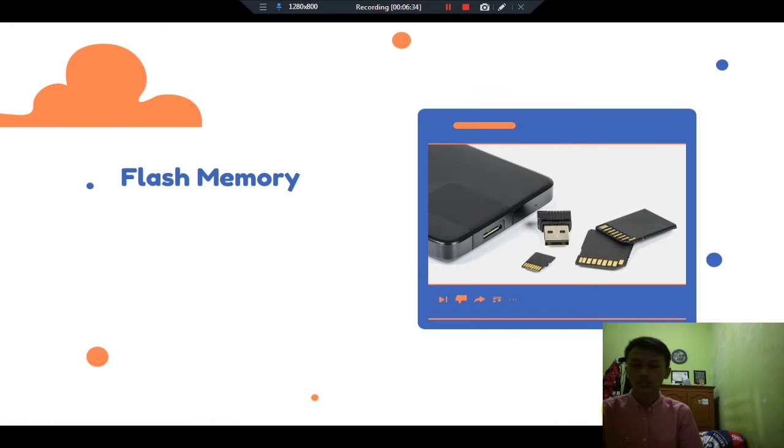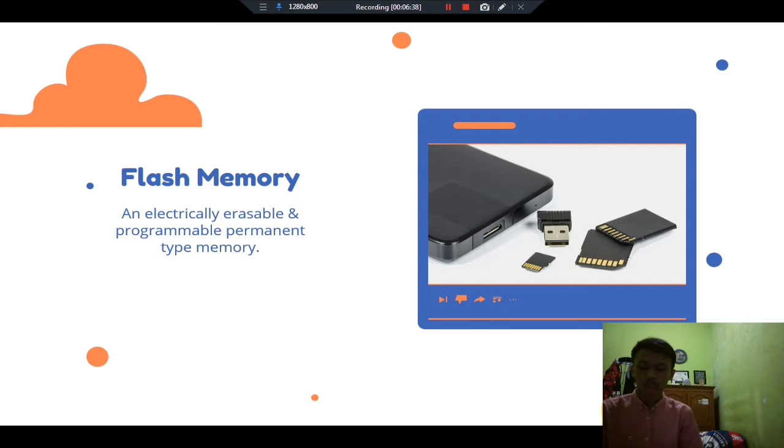The next material is flash memory. It is an electrically erasable and programmable permanent type memory. It uses one transistor memory, all resulting in high packing density, low power consumption, lower cost, and higher reliability.